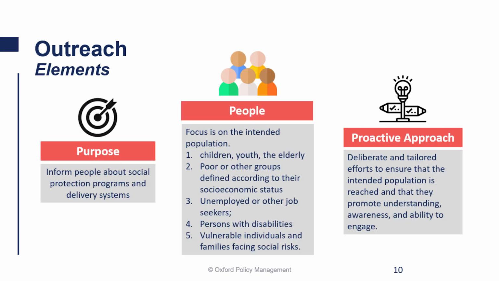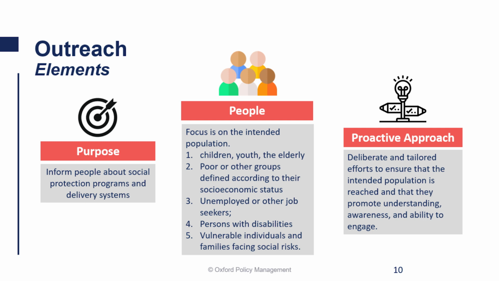The definition of the outreach that we gave in the earlier slide has several elements. Number one, the very purpose: to inform people about social protection programs and delivery system. Second, it's all about the people. The focus is on the intended population essentially, and ensuring that they are reached.